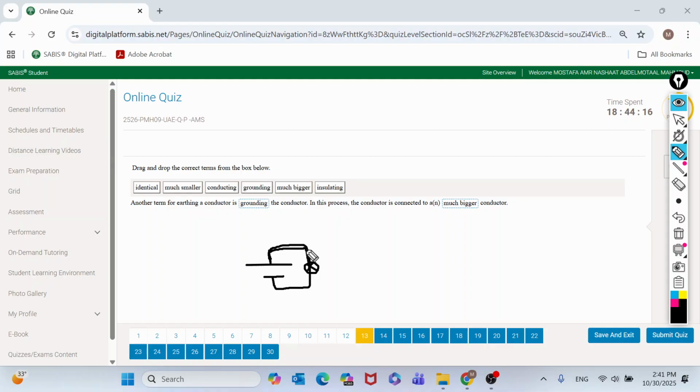But then if you connect it to a much bigger conductor, let's say the earth, for example, or you touch it, because you're much bigger than it, the current would spread out across the whole earth, basically. So it would just remove the current. It's spread out over such a big area that it would be gone. So yeah, you connect it to a much bigger conductor.